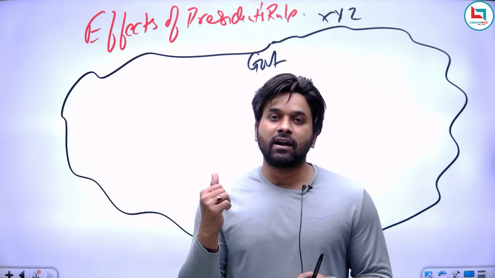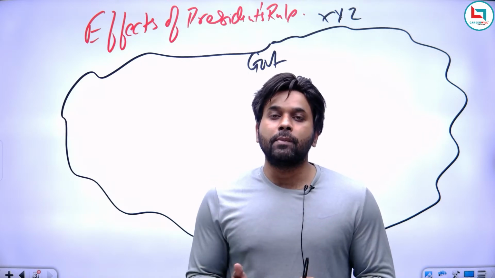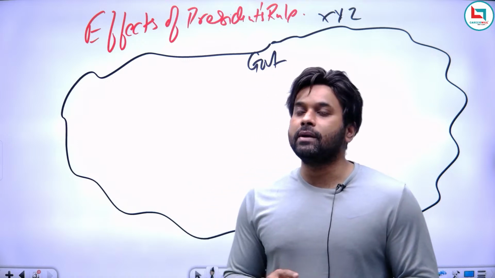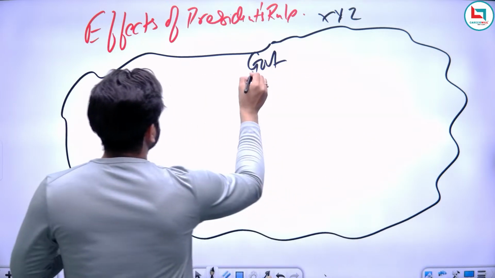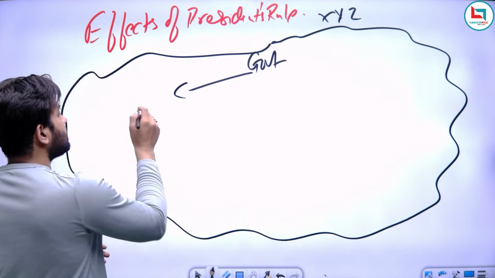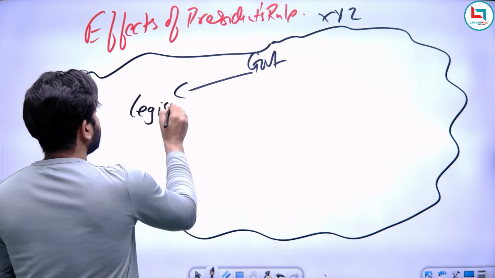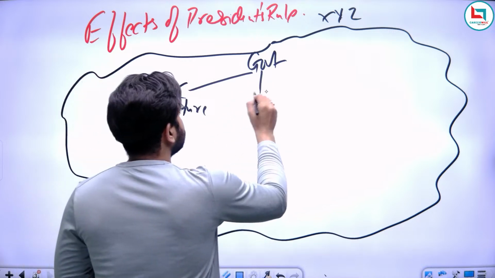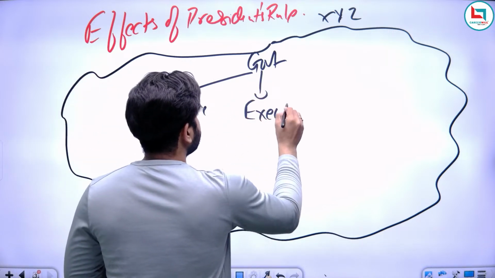So here you will find a democratic government, and in a democratic government you will find three organs of the government. These organs are common in all these states. The first organ of the government in any state is the legislature. The task of the legislature is to make laws. We have discussed this several times. The second is the executive, to execute laws.